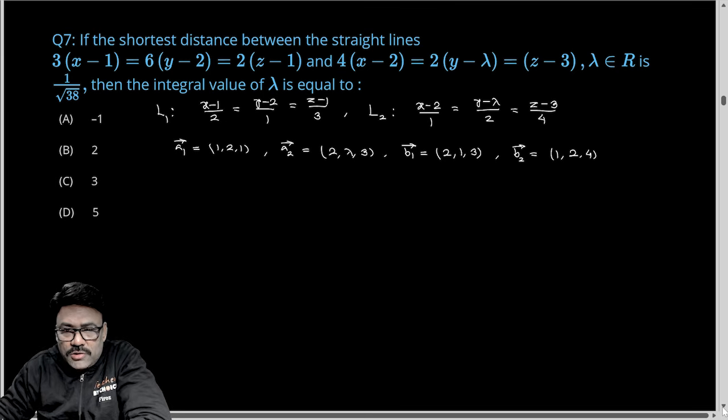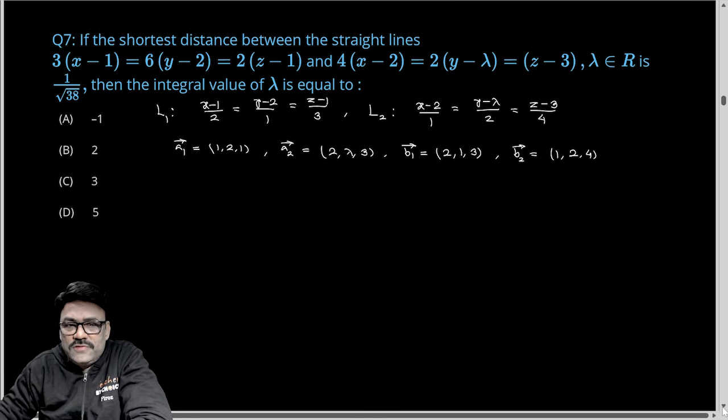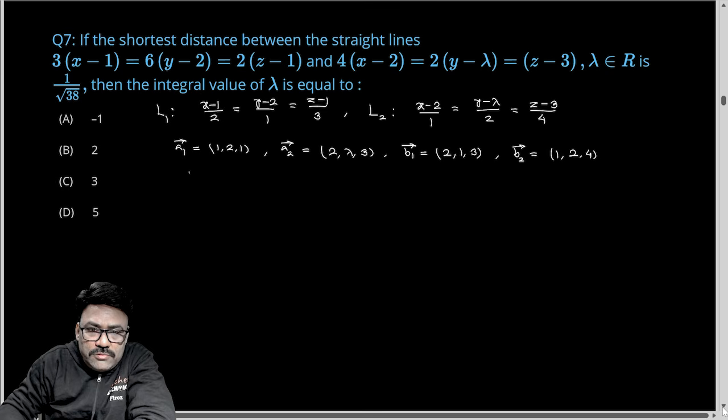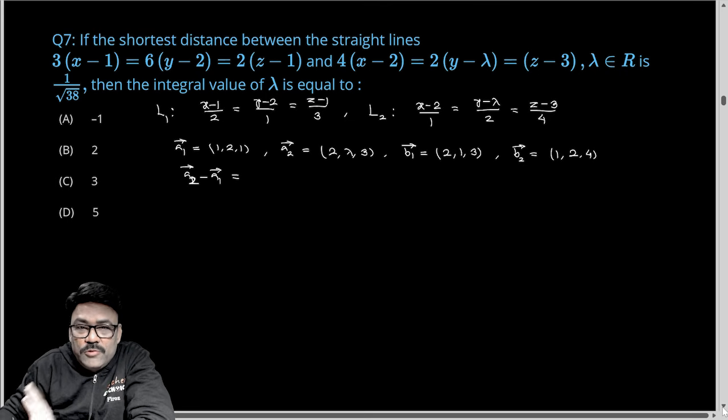The shortest distance formula is A1 minus A2 dot B1 cross B2 in the numerator, and in the denominator mod B1 cross B2. You write A2 minus A1 or A1 minus A2, both are the same, there will be no change in the final answer.